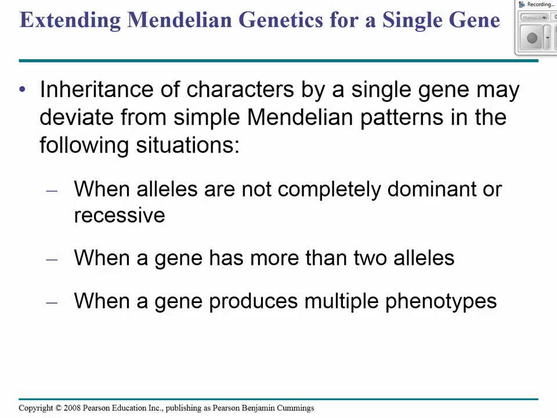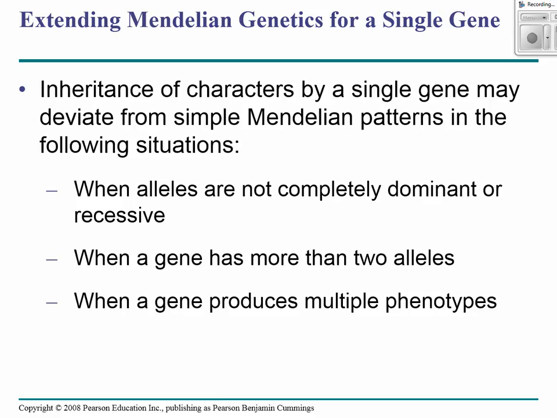A gene can have more than 2 alleles. This happens with fur coats sometimes, so maybe the cat can be orange or black or white or even brown. Eye color has a lot of different options. A gene can also produce multiple phenotypes. Sometimes we get blending.